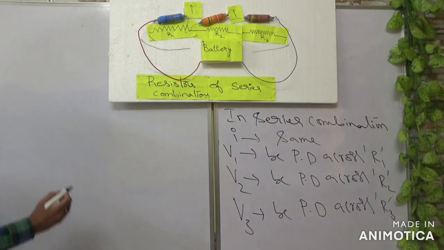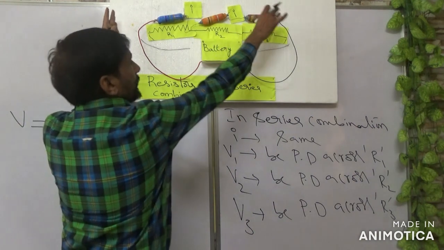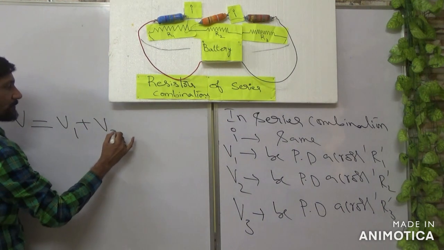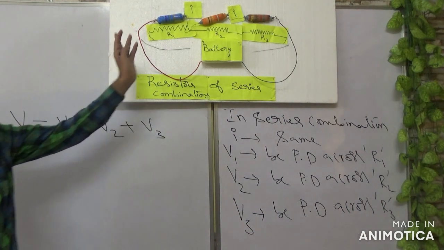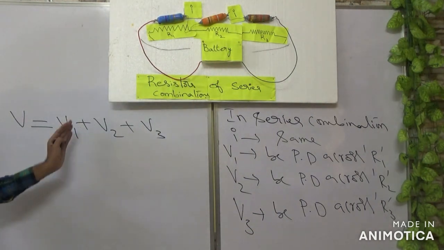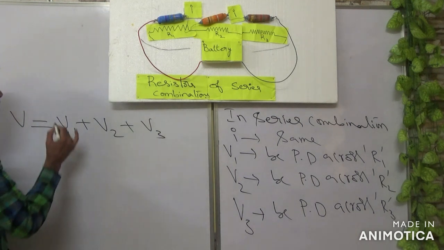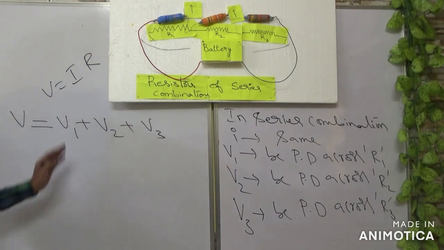But the total potential difference across the ends is equal to the sum of the potential differences. So the total voltage is equal to the sum of the voltages V1, V2, V3. According to Ohm's law, V is always equal to IR, current into resistance.